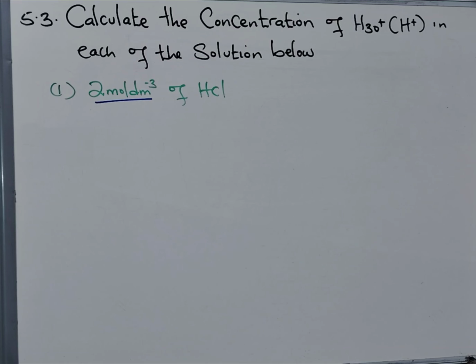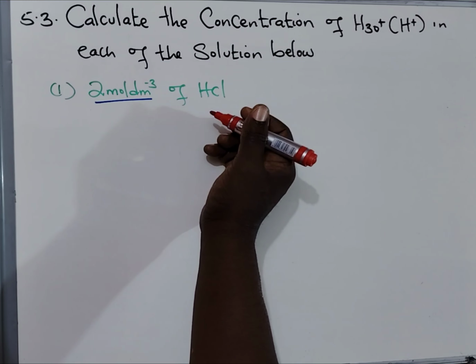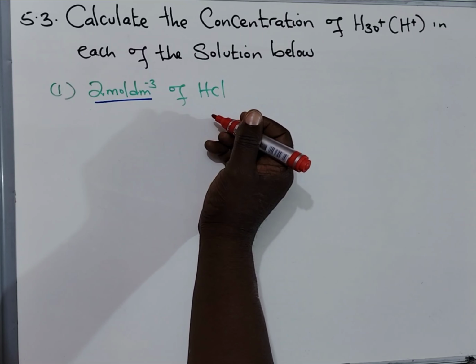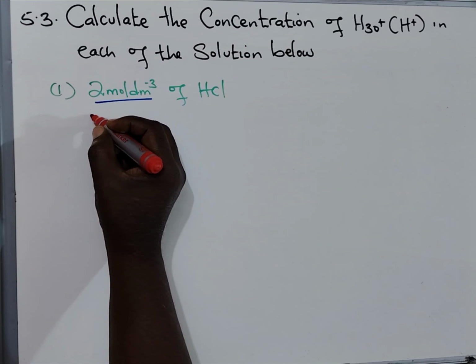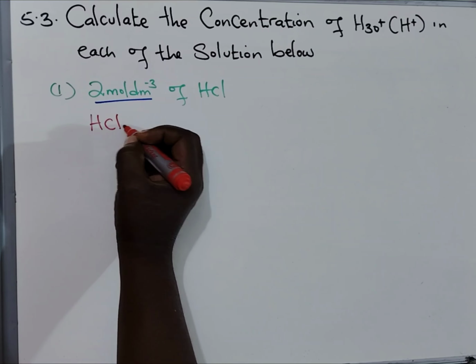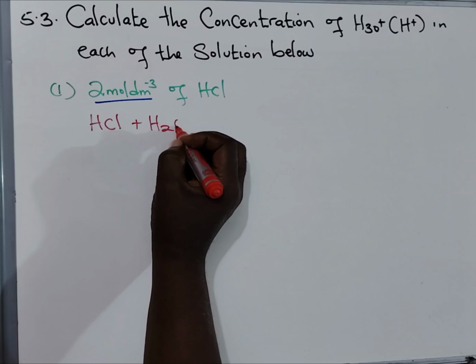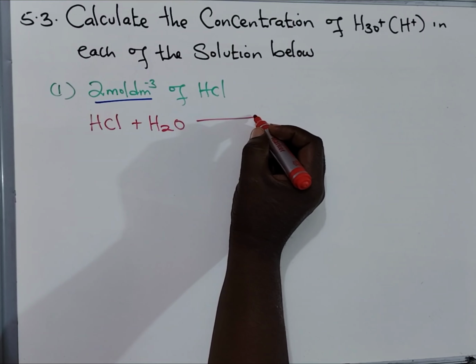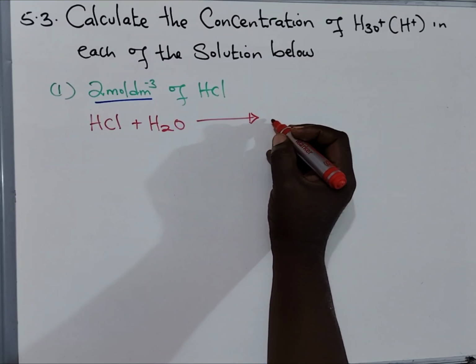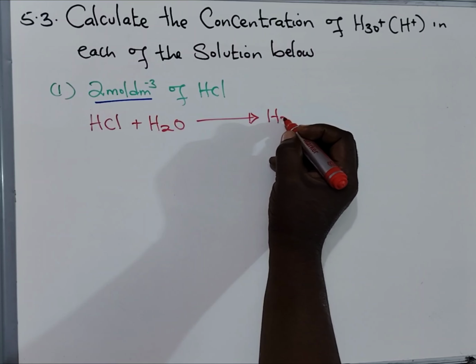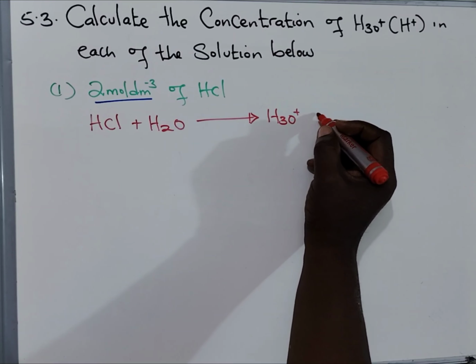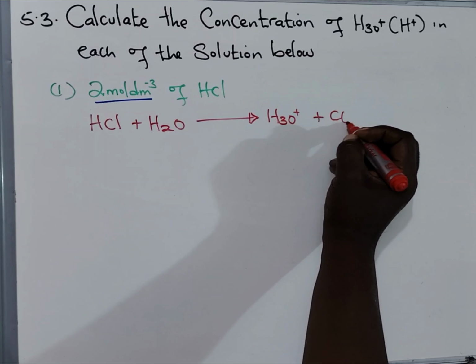How do you approach this question? What you do is you establish the mole ratio. First of all, you look at how hydrogen chloride ionizes. So it is hydrogen chloride ionizing in water to give you hydronium ion plus chloride ion.